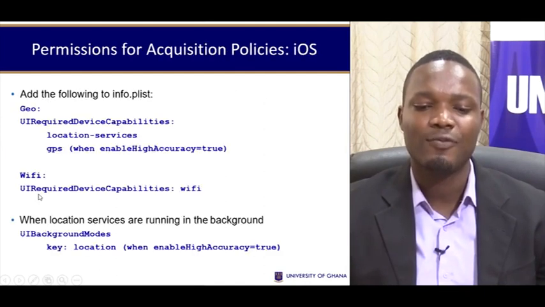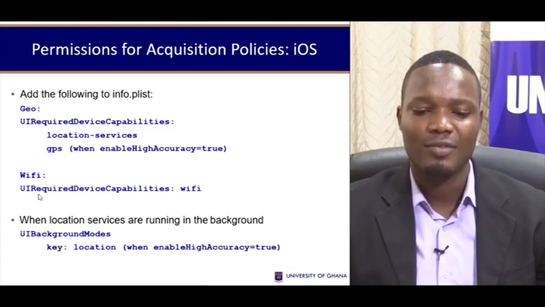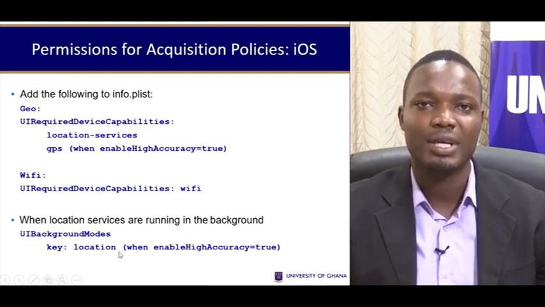You need to add the following to the info.plist if you are trying to achieve a similar thing on iOS. Here you have some details of what you need to add to iOS to get it working. When location services are running in the background with iOS, you can use the UIBackgroundModes to be able to get that.